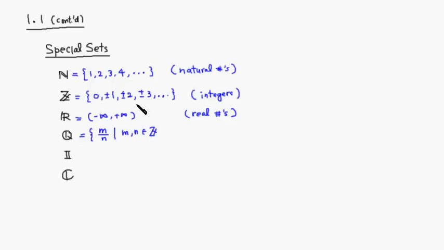This notation means "in," so m and n in Z means that m and n are integers. Since we're talking about fractions, we have to be careful and make sure that n is not equal to 0, because we cannot divide by 0. So these are called rational numbers.